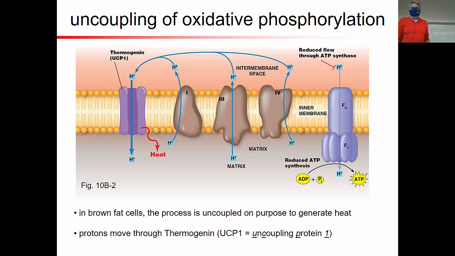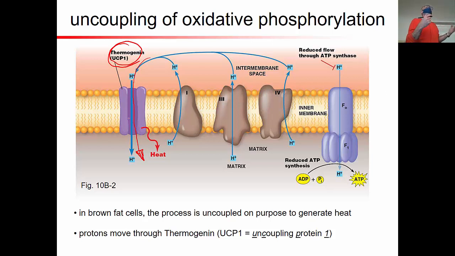And the way it actually works is it utilizes this complex called thermogenin, which is a transporter in the inner membrane of the mitochondria. So this takes the proton gradient, and as the protons move through here, instead of generating ATP, it physically generates heat.